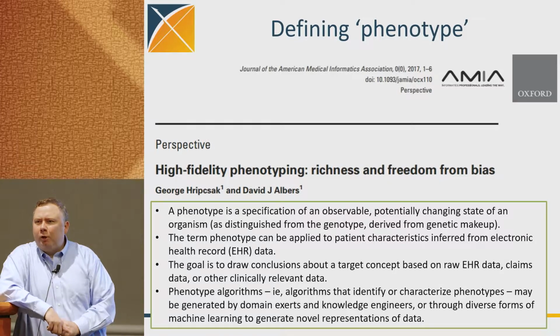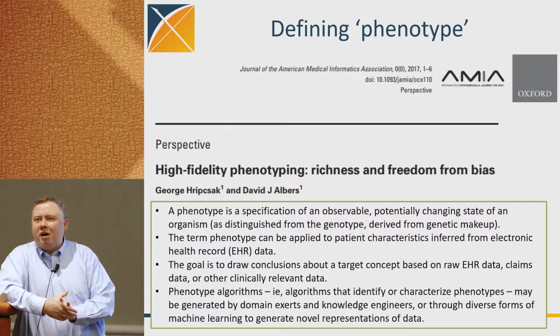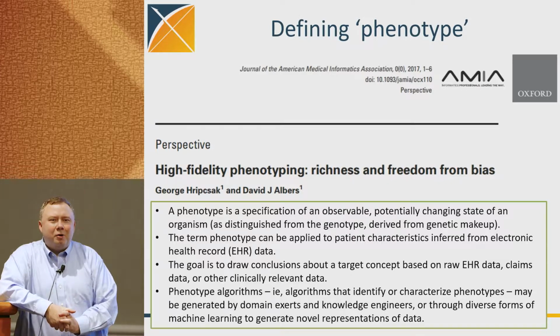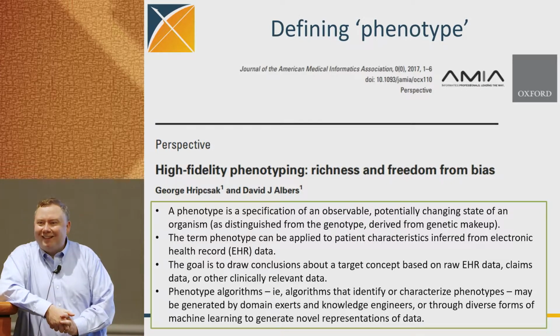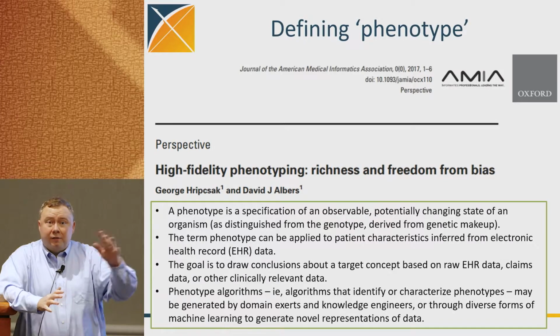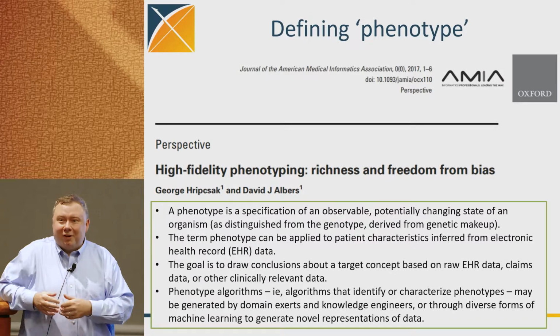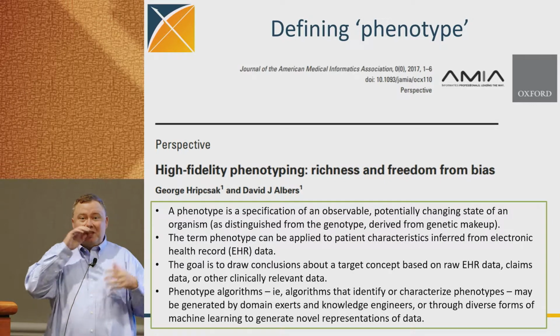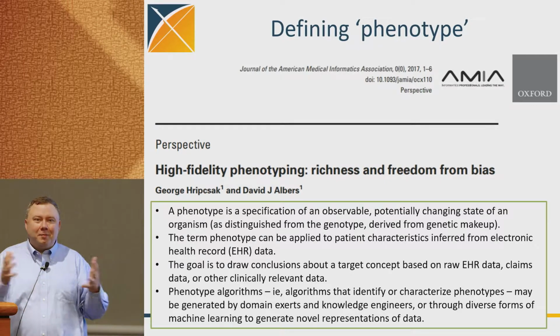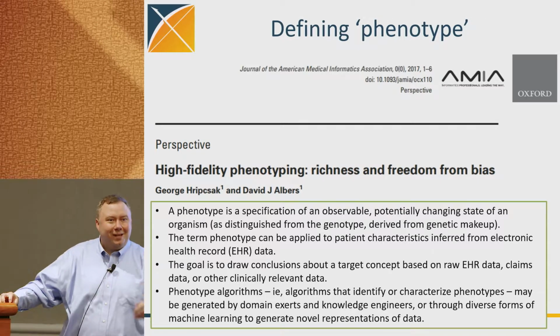Do I mean people who are suspected to have diabetes enough such that some clinician prescribed them metformin? Those are different ideas about what diabetes is or isn't. None of them are right, none of them are wrong. They're just different. And yet we use language as a way to simply describe ideas and say, oh, people with diabetes.